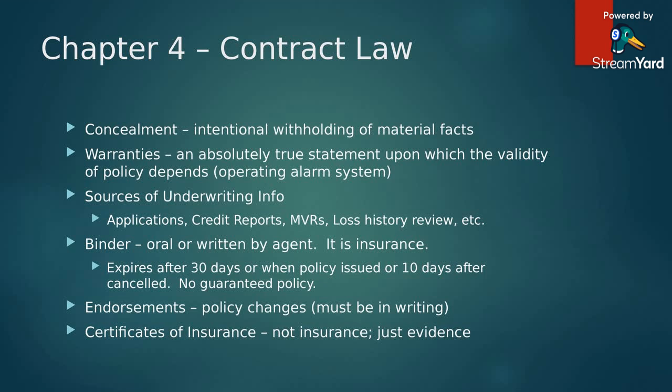Because it'll get the police or fire department out to your property much quicker if you have an operating alarm system. However, if you do not have that operating at the time of the loss, then they would consider this to be a void of the warranty, and they may, at their discretion, go ahead and disallow or void out the entire policy if you were not meeting the conditions of the warranty at the time of the loss.